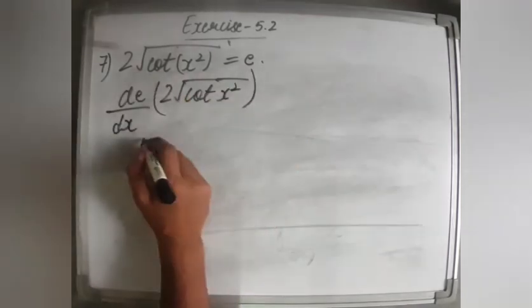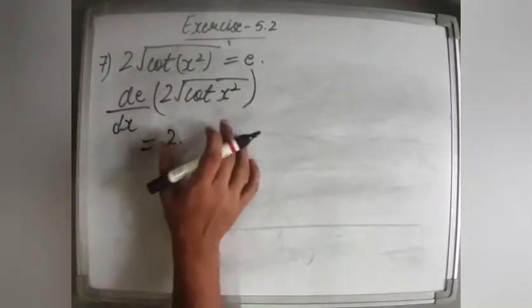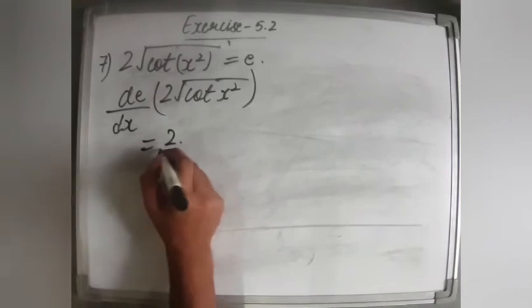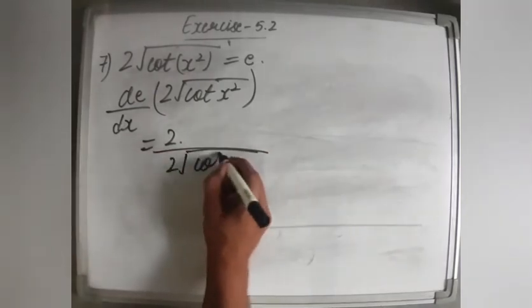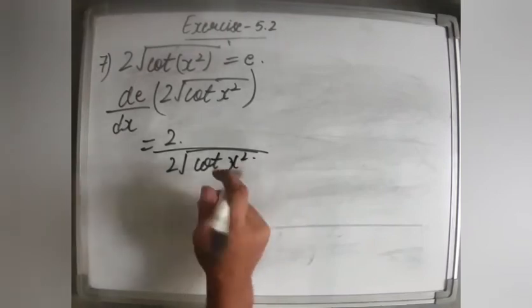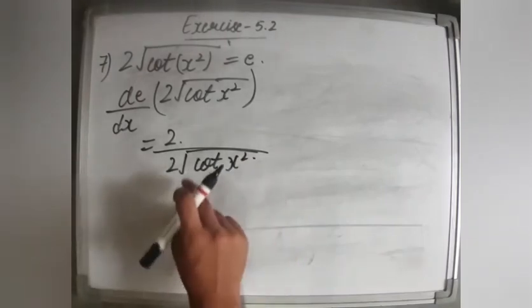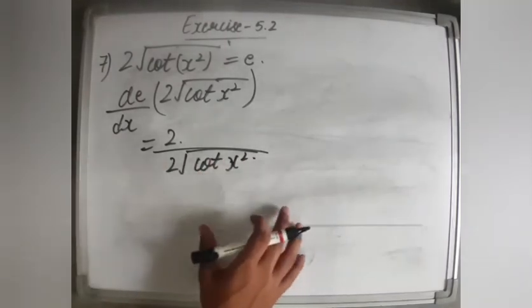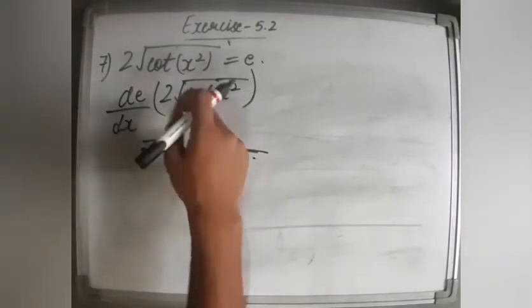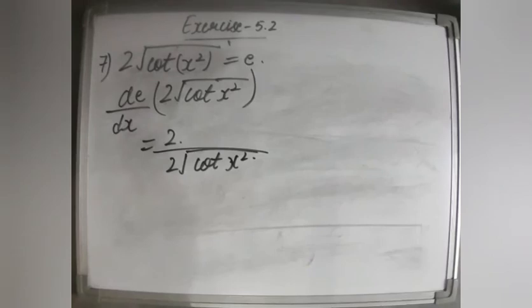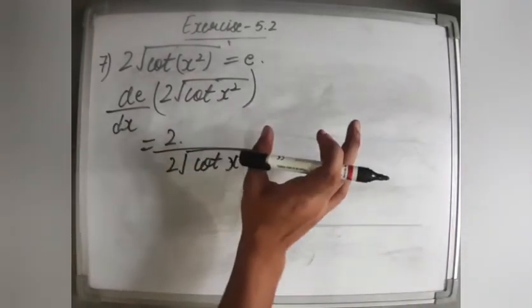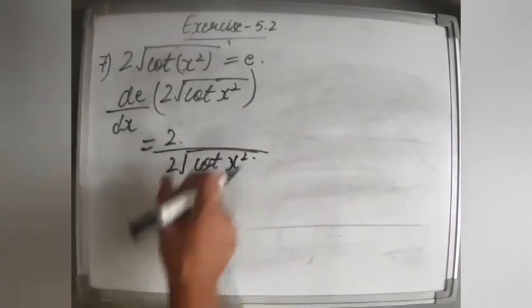We need to differentiate it. Leave 2 constant as it is and differentiate under root cot x square. So you must be wondering how this 2 under root cot x square came, but don't worry, I have assumed this under root. Under root states that the variable is given in the power of 1 upon 2, and that's what I have written here.